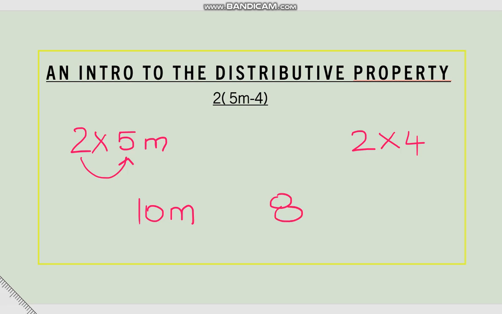If we look carefully, what is the sign between the two terms? Negative. Hence, we have a negative. I hope you all are able to understand this concept that a number outside the parenthesis will be equally multiplied to the numbers or to the terms inside the parenthesis.